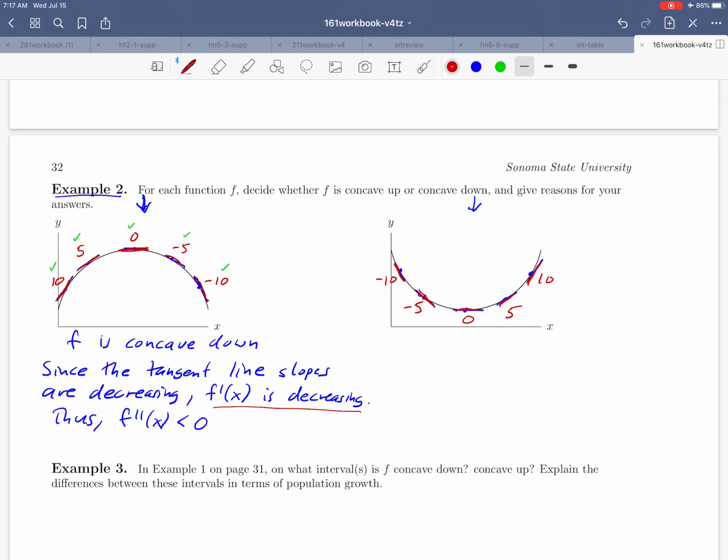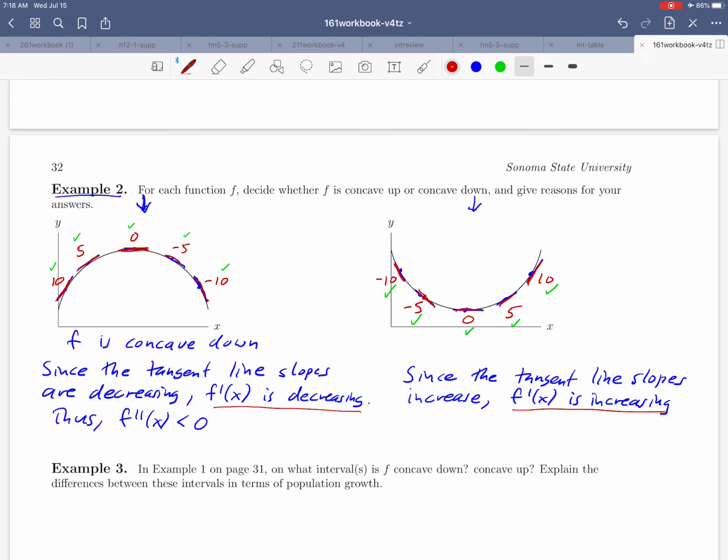Now the same question to you. As you look at those slope values, do they get bigger or smaller as we go left to right? We're going from -10 to -5 to 0 to 5 to 10. Notice that this time, those numbers increase. So we could say that since the tangent line slopes increase, we know that the derivative increases.